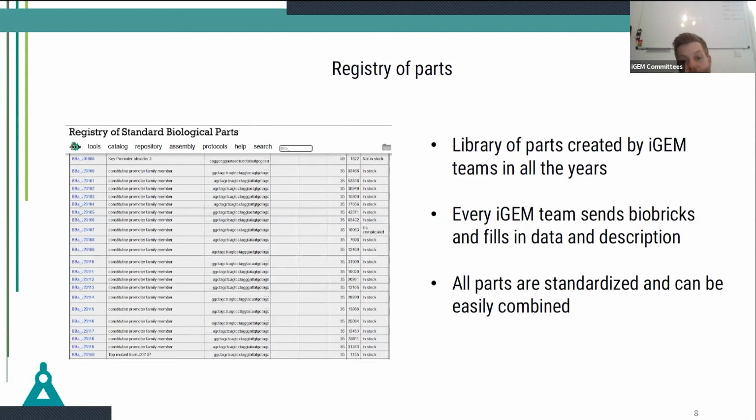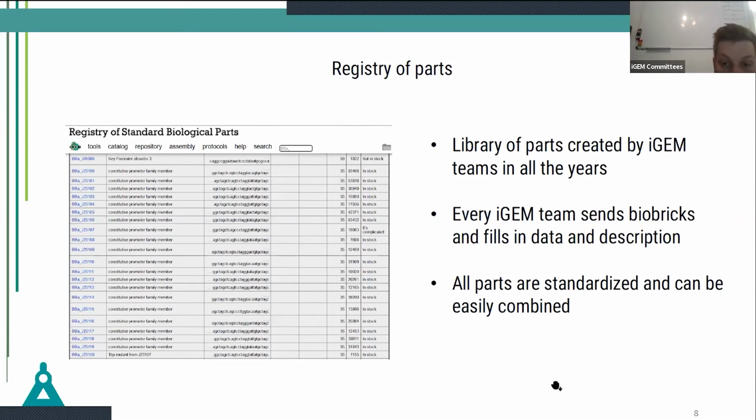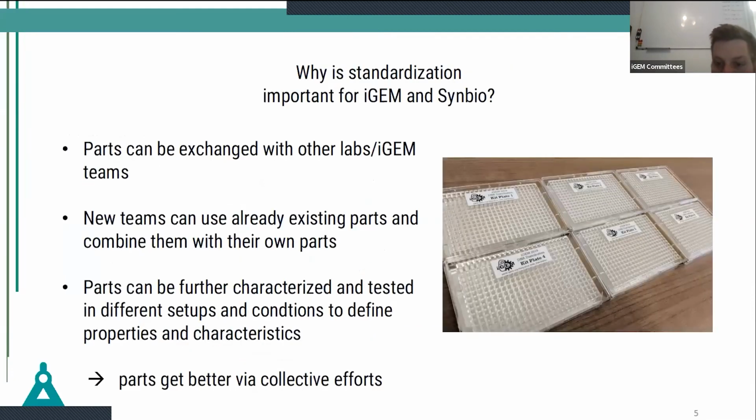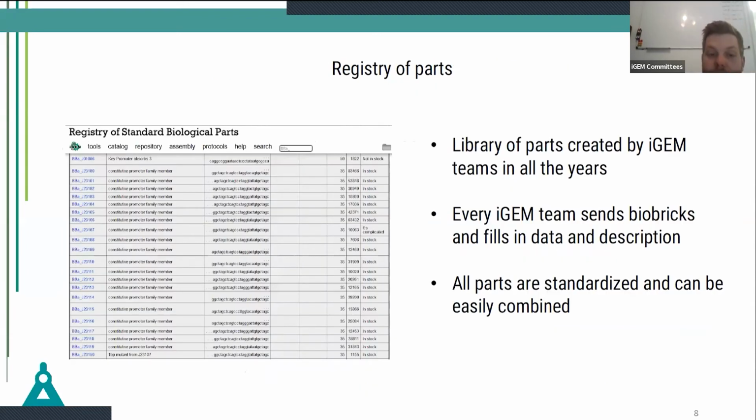So the teams really sent the physical tube of DNA to the iGEM headquarters, and you were able to order the parts you would like to have from other teams, but you also get this distribution kit, which I showed here, where you have six or seven times 384 wells of biobricks, which you get every year, basically, besides this year because of the special situation. But this was the idea in the past.